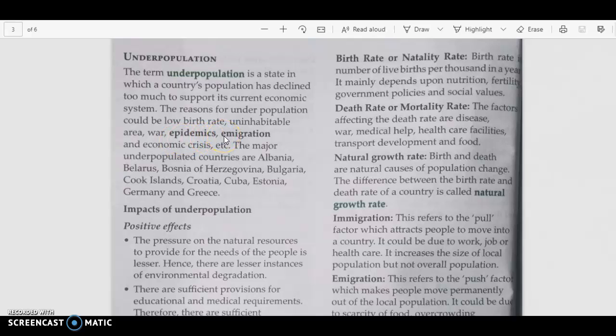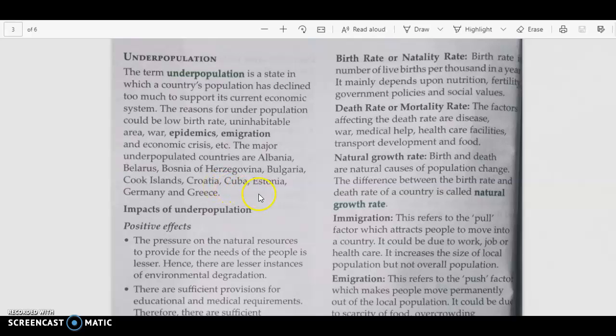Immigration means people are moving out of your particular country, or there is an economic crisis, government is not able to place people or give employment to the people, or government is not able to pay money to the employees.